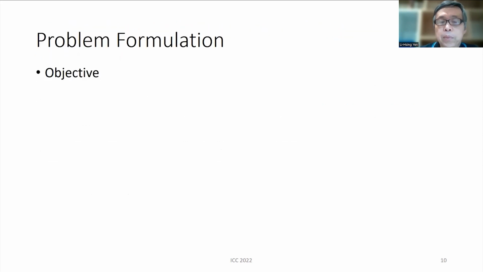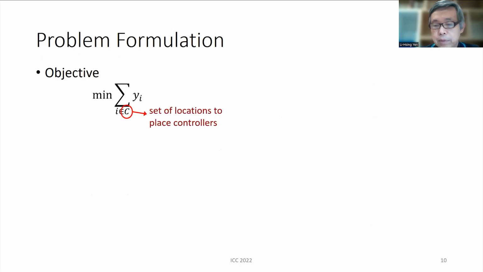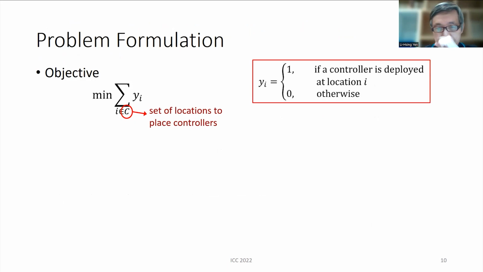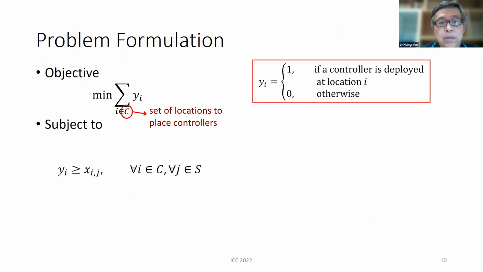Now the problem formulation. The objective is to minimize the number of controllers. Here, y_i is an indicator variable which is one if a controller is indeed placed at location i. We have multiple constraints.